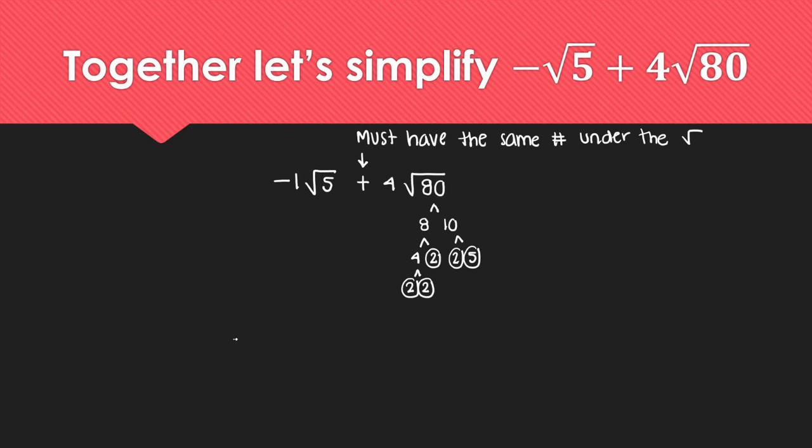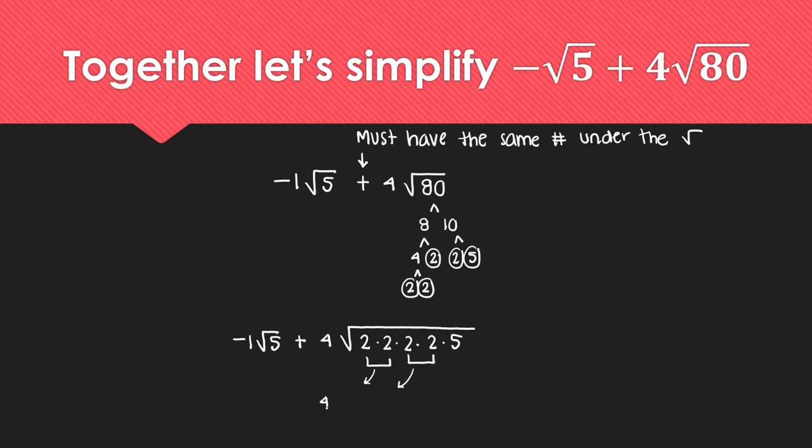All right, so remember, I get to keep that negative 1 root 5 as it is. Plus, I'm going to bring down that 4, but now underneath the square root, it's not 80, it's all of those numbers that are circled. So we have 2, 2, 2, 2, and 5, because there are 5 circled numbers. Notice that I start pairing them up. Looks like there's 2 pairs of the same number, so those get to move outside of the square root.